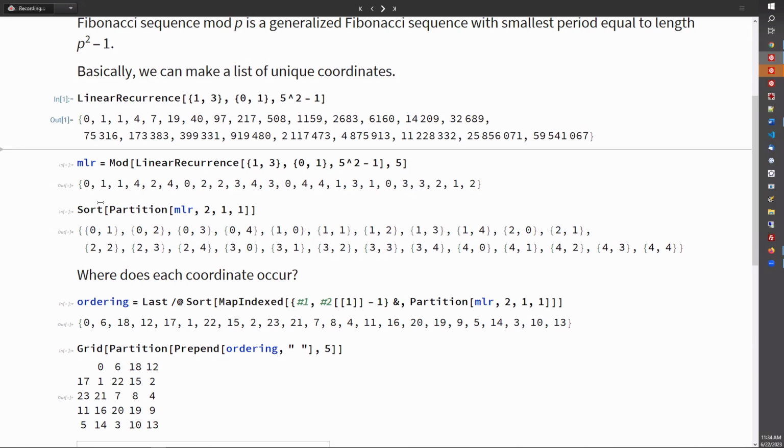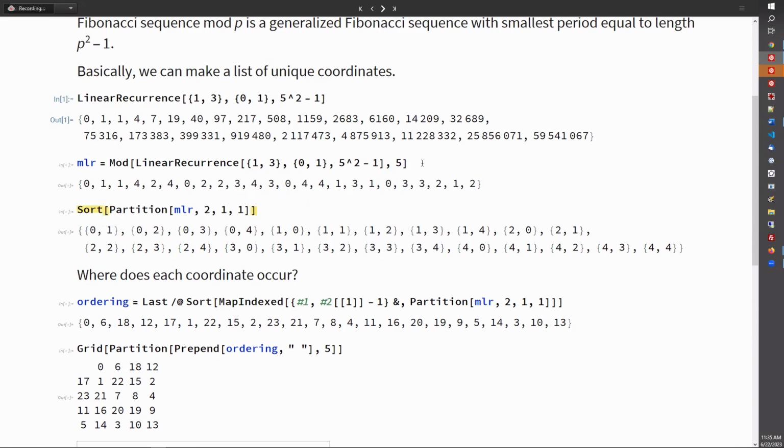And we can partition this into pairs, and if we sort them, we get basically all the pairs 00 or 01 to 44, except for the first one, 00.